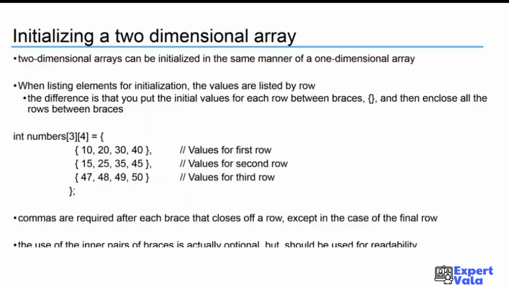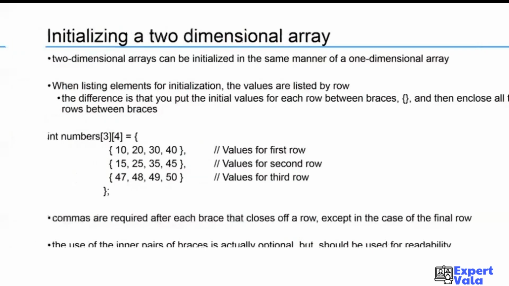As a programmer, readability is very, very important because it increases the quality of the code. It's easier to maintain the code. When I look at this right here, I can easily identify, especially with the comments, what values and what rows I am initializing. If I had that as a single line, just consecutive numbers, I would get lost really quick. So although the inner brackets are not necessary, use them.